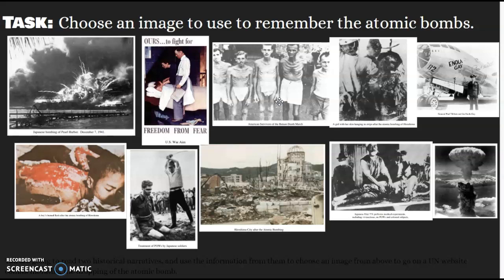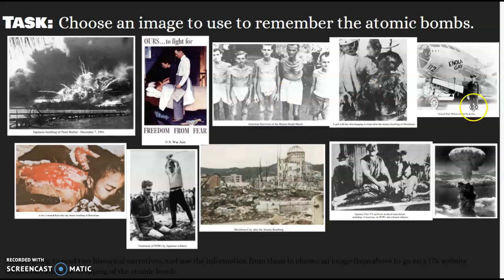If you fell behind, you were shot. That was as simple as that during the Bataan Death March. So the reasoning behind using this to commemorate the atomic bomb is because it shows the human suffering that the United States strove to avoid by using the atomic bomb.